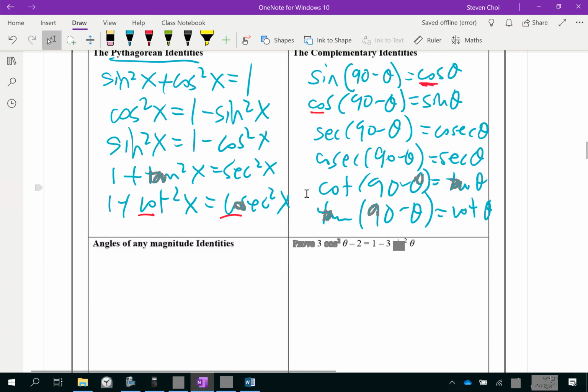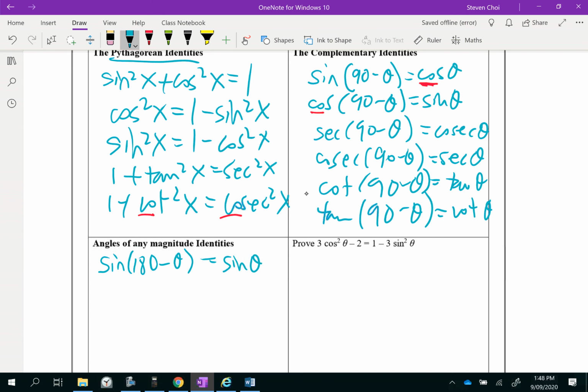And then you have angle of any magnitude identity. So things like this, say sine of 180 minus theta equal to sine theta, and sine of 180 plus theta equal to negative sine theta. Just think of this is like a second quadrant. This is like the third.